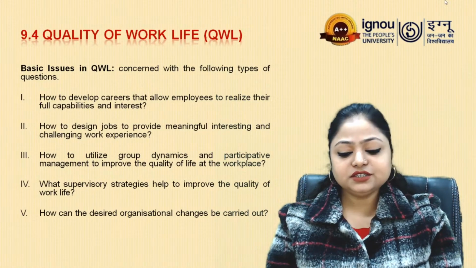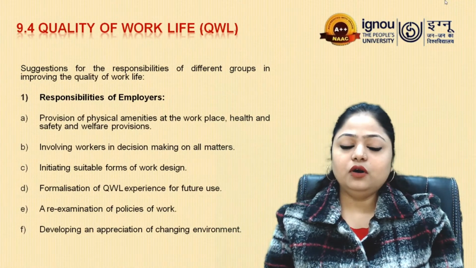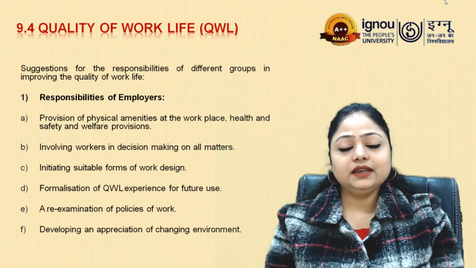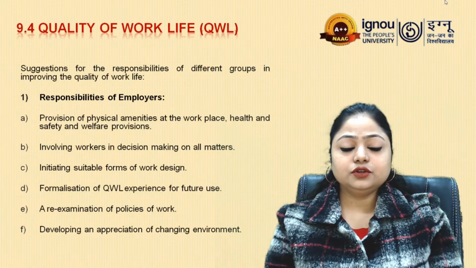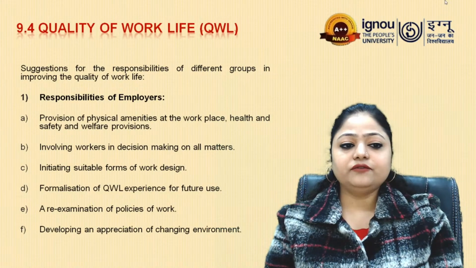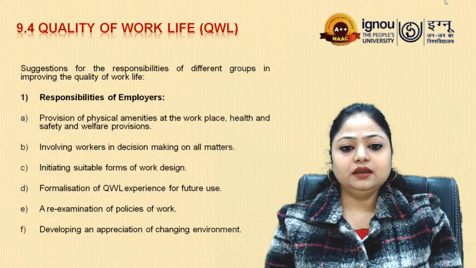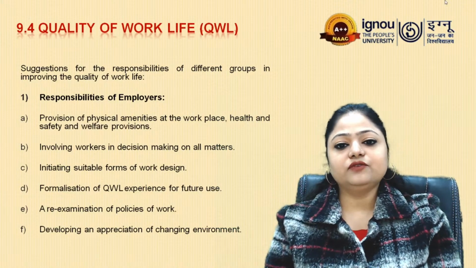employees in the organization. Now here are some suggestions for the different groups in the organization for having an improved quality work life. So from the perspective of employers, what their responsibilities could be. So the first here is provision of physical amenities at workplace.